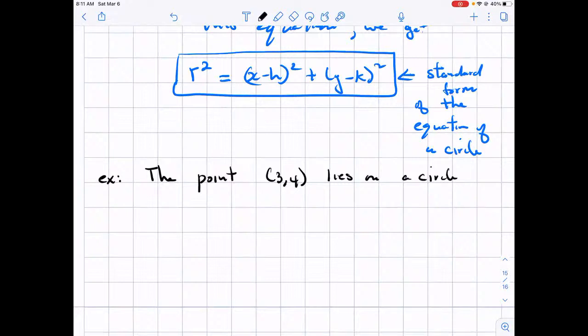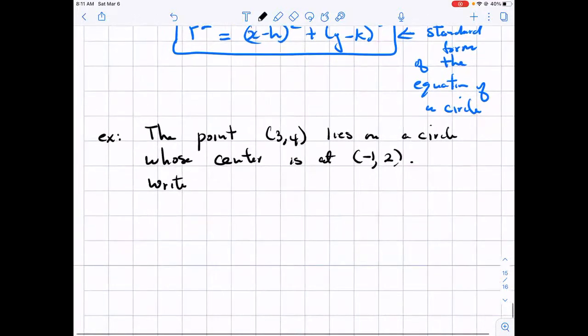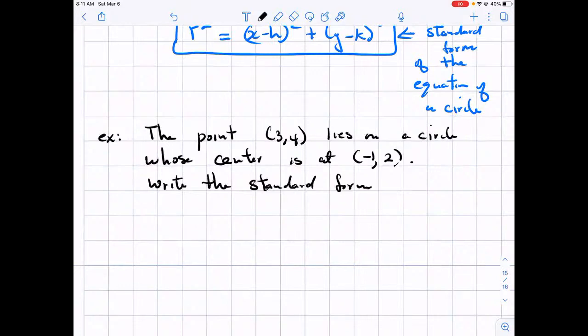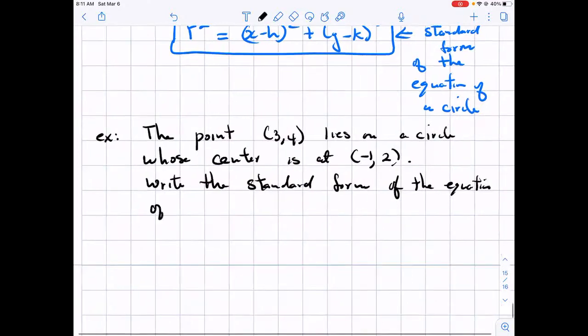I'm telling you now it is a circle whose center is at -1, 2. Okay. So we want to write the standard form of the equation of this circle.